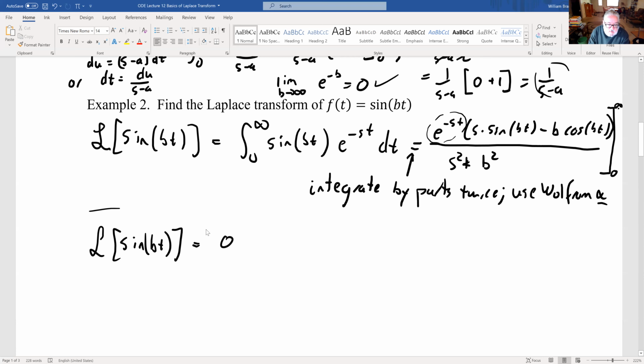So we get 0 minus, and then if we let t be 0, we get 1 times s times sine of 0, which is 0, minus b times cosine of 0, which is 1, over s squared plus b squared.